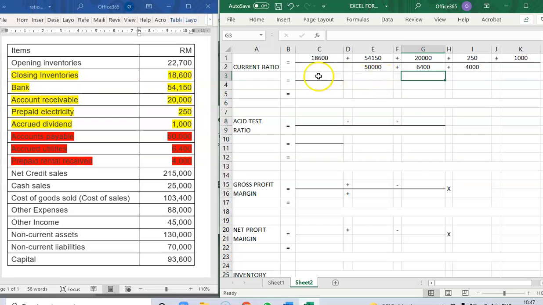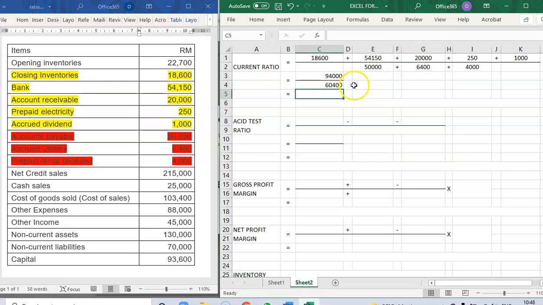Then you need to calculate the total of current asset and also the total of current liability. Okay, then you total them up, the current asset, and also the current liability: 50,000, add the accrued utilities and also the prepaid rental received 4,000.